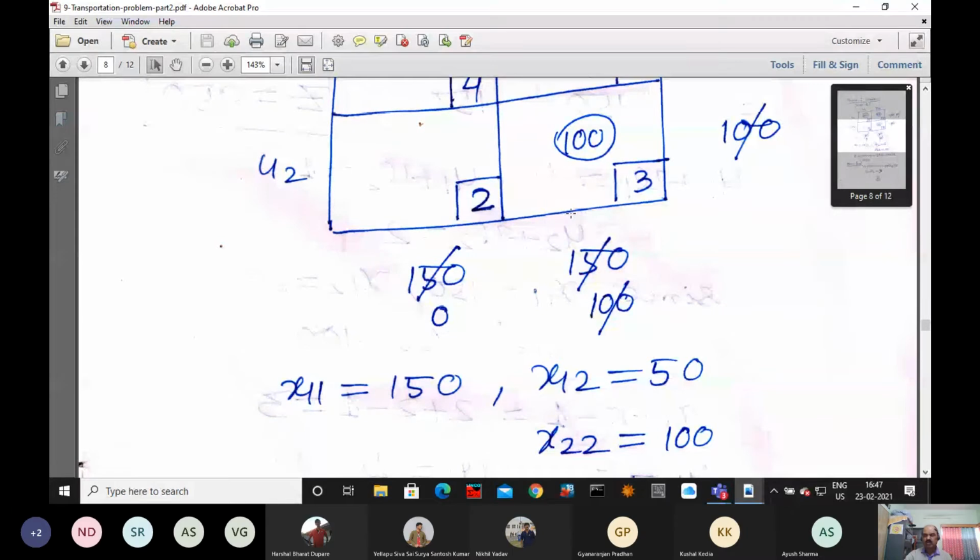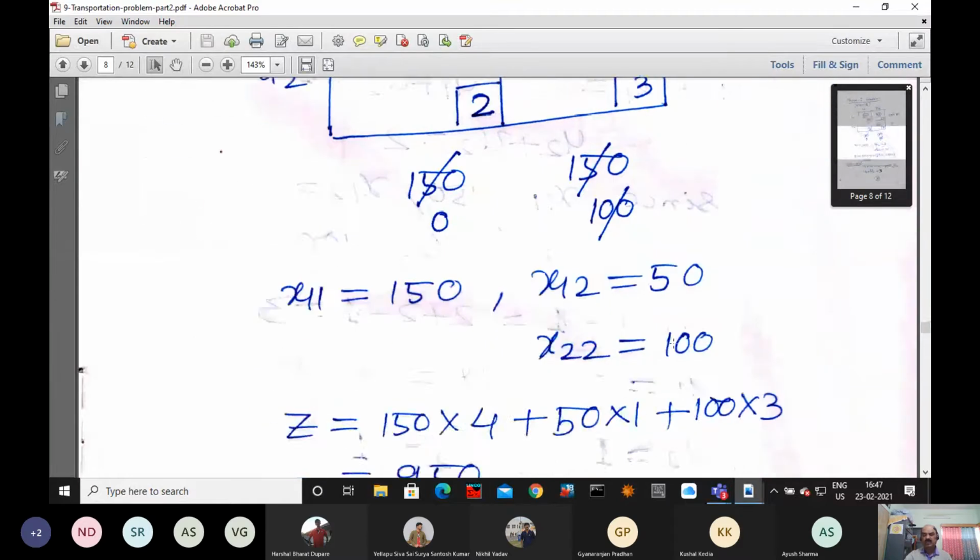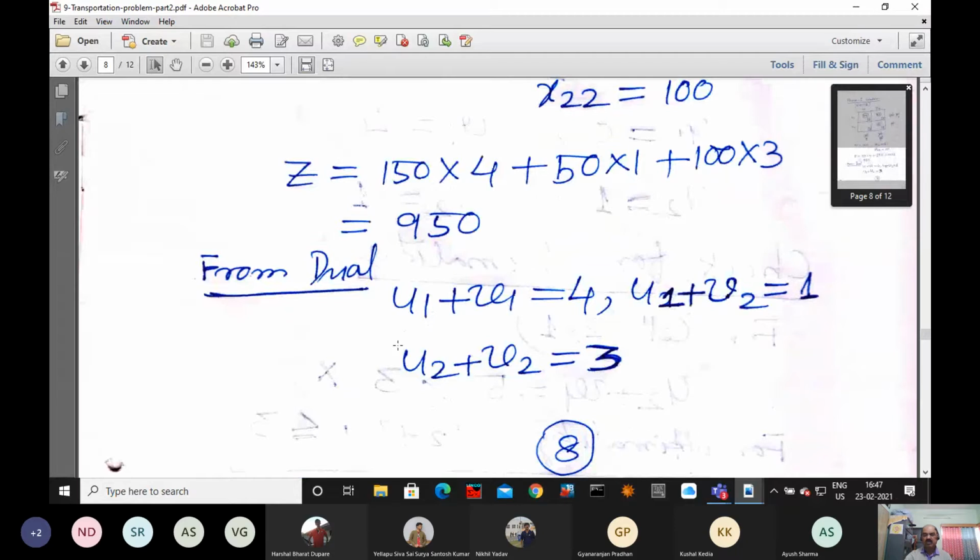Since x21 equal to 0, the constraint will be fulfilled. Now we will consider the fourth cell, u2 plus v2 equal to 3. Now we have got 3 equations. How many variables? 2 variables.